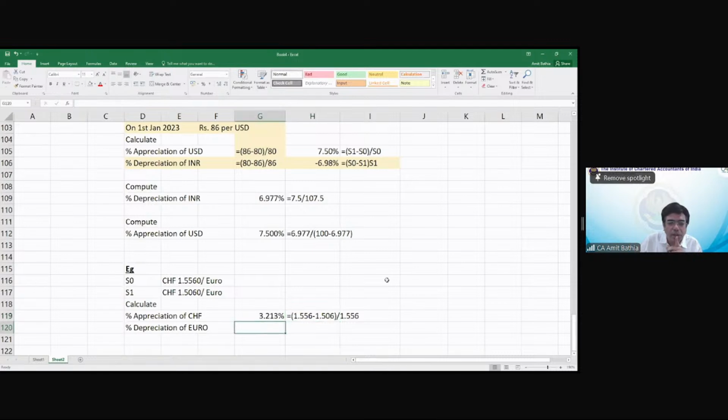Okay. Depreciation. How will you calculate depreciation? First of all, I'll need to find the change. So what is the depreciation?